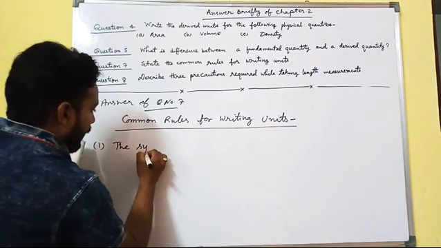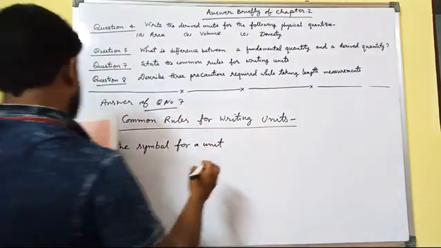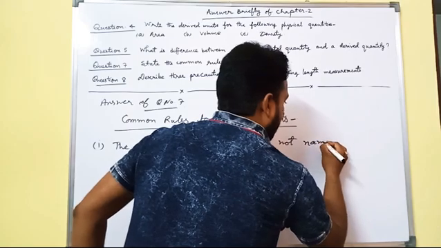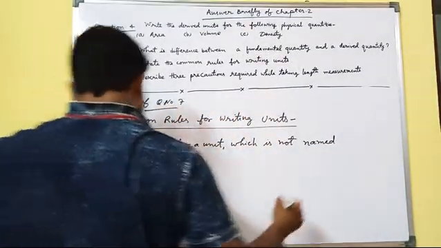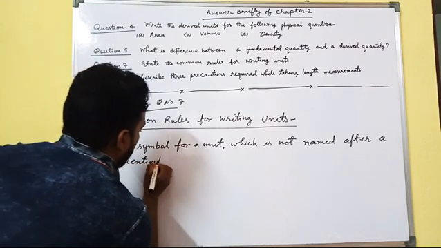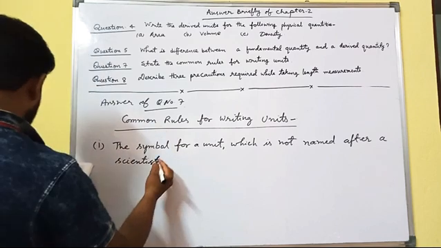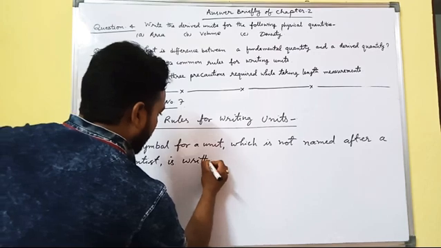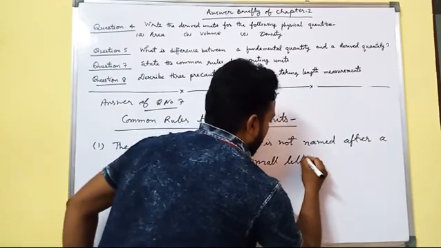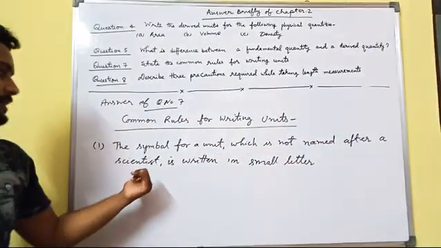the symbol for a unit which is not named after a scientist is written in a small letter.